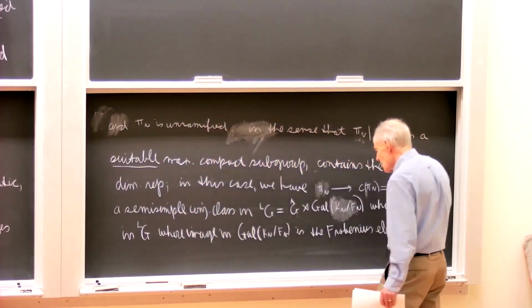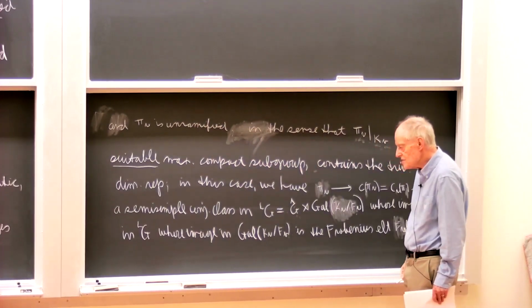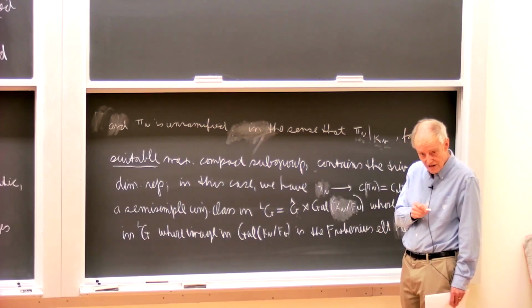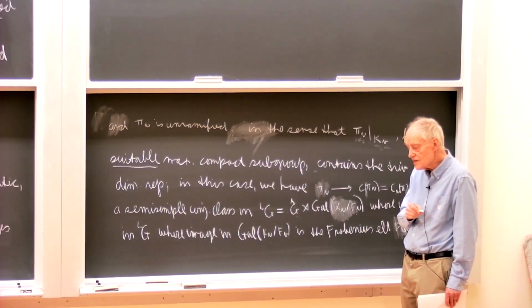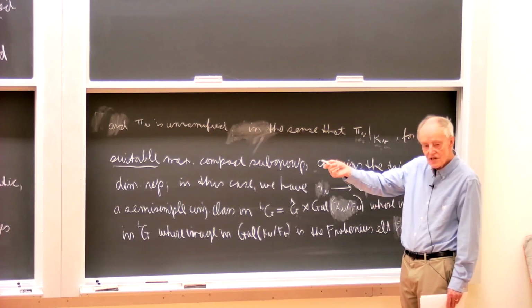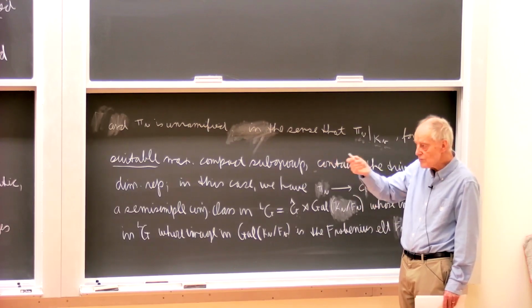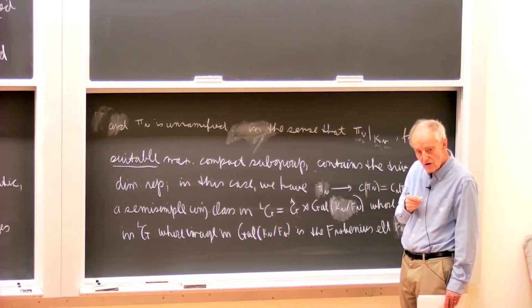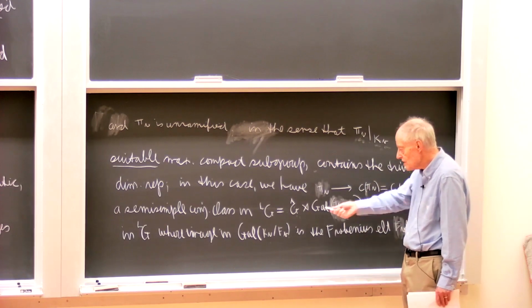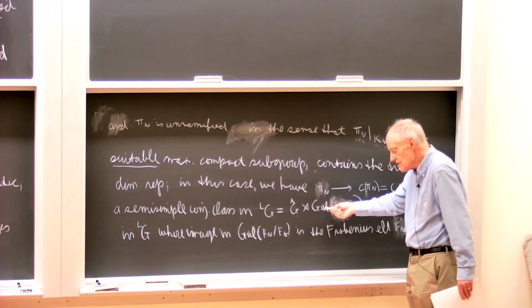I'm not proving it, but what we discussed earlier for split groups, or really for GL_N, where at almost all places an automorphic representation gives you a semi-simple conjugacy class in GL_N(C), what happens here is that for an automorphic representation of the quasi-split group, for almost all places, you get a semi-simple conjugacy class, not in G hat, but rather in the bigger group, the semi-direct product of G hat with this group.